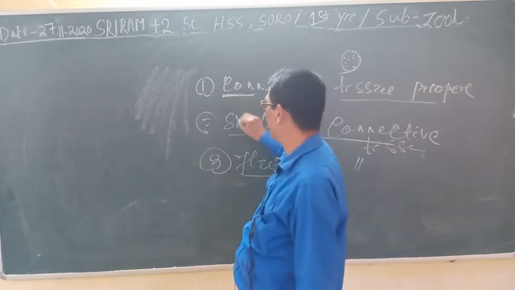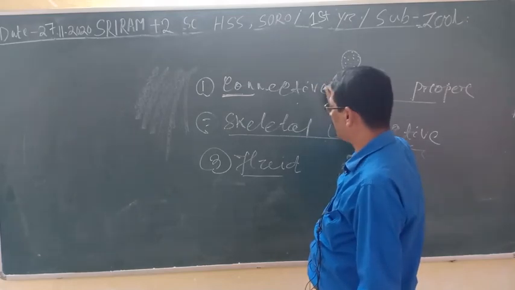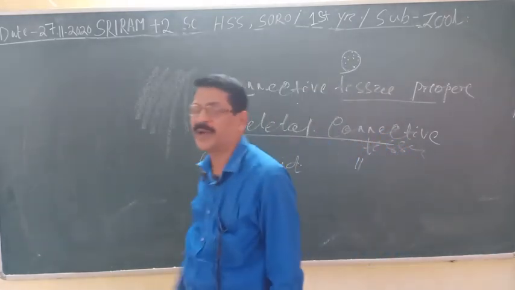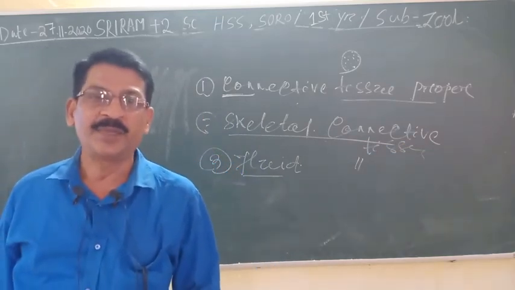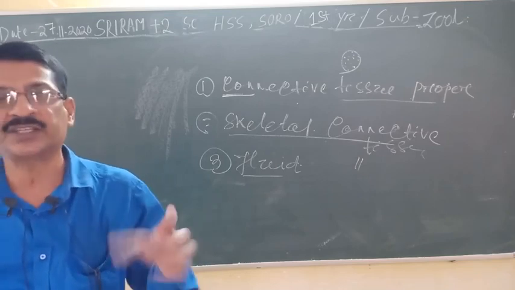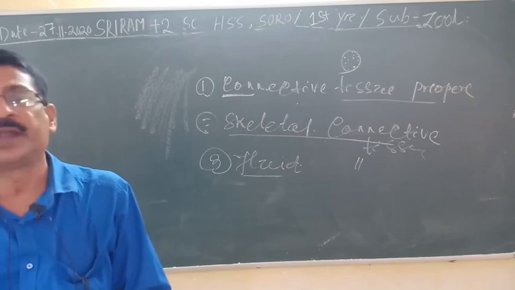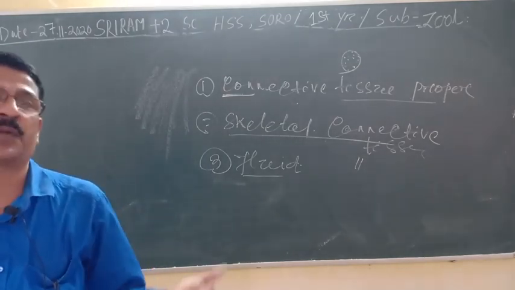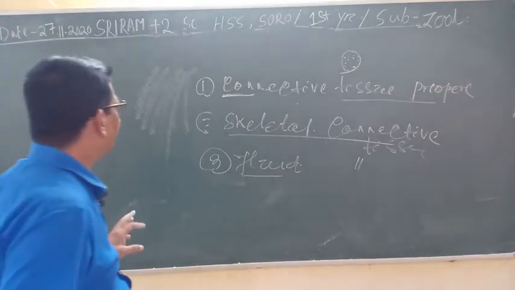This is all about the three types of connective tissue: connective tissue proper, skeletal connective tissue and fluid connective tissue, depending upon the structure of the connective tissue, which mainly depends upon the nature of the matrix.